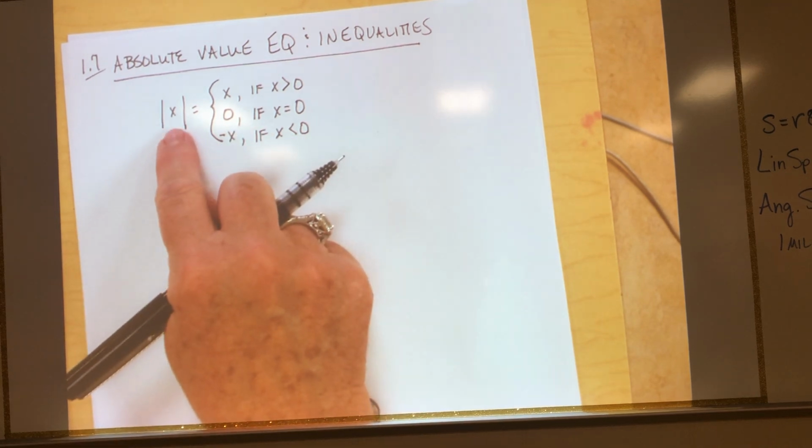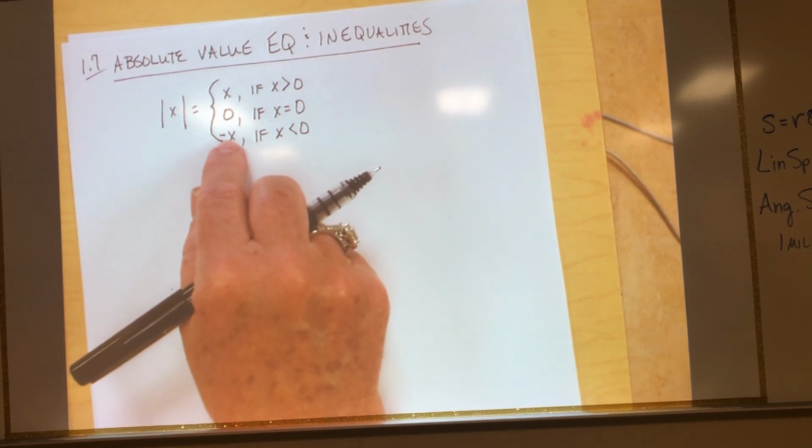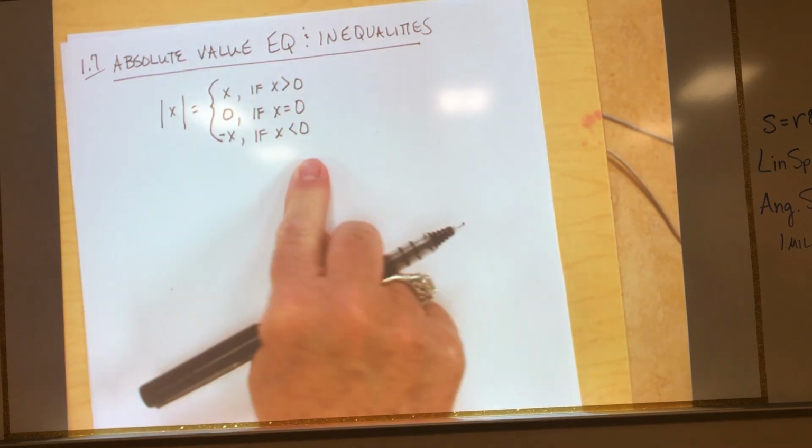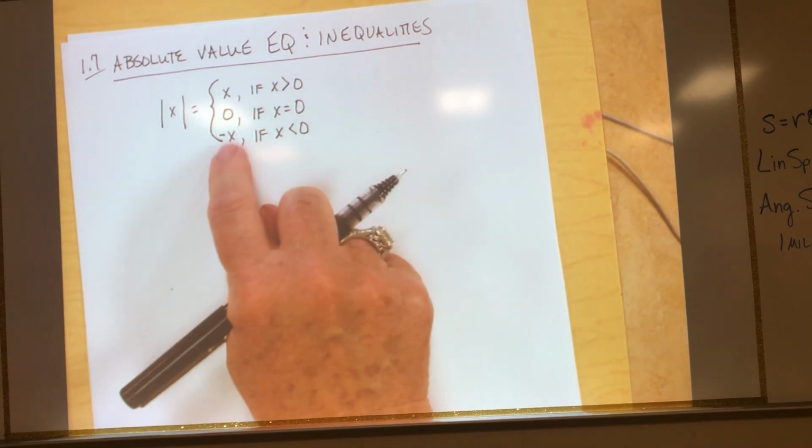What about negative 7? The absolute value of negative 7 is what? 7. What is the opposite of negative 7? 7. So this is a good definition. Do you agree? It looks a little crazy, and this part right here makes people go, oh, I don't think that's right. But this negative is going to make the negative number that you put in there positive.